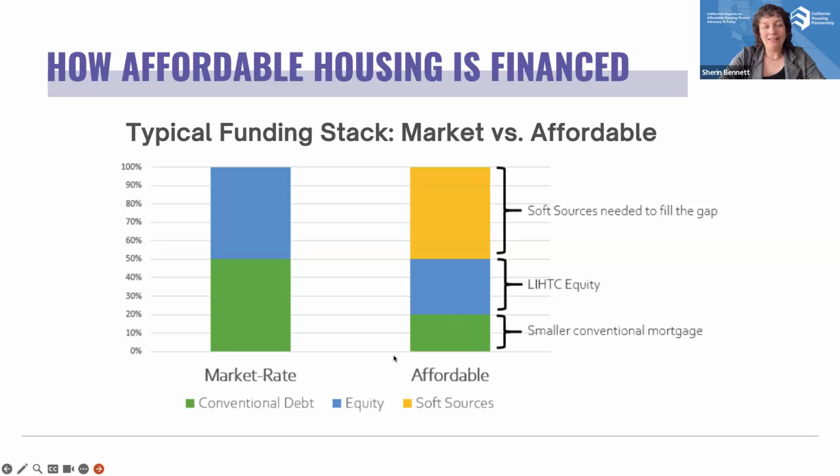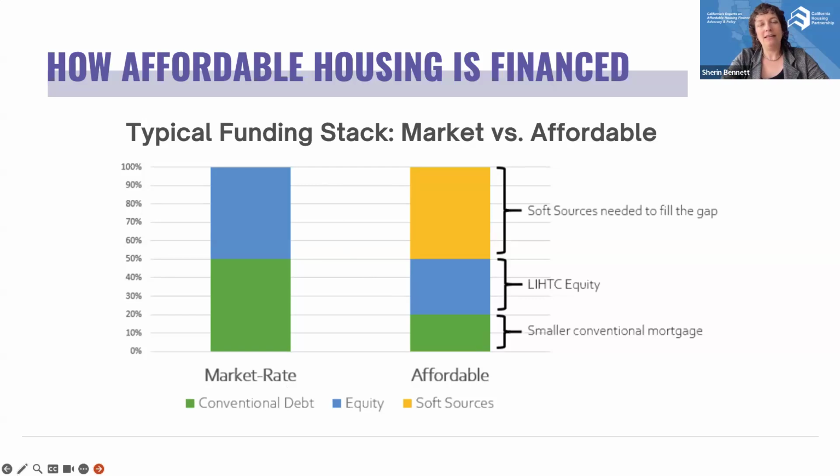On the affordable side, here we have that smaller conventional mortgage. We have a chunk of equity from the low-income housing tax credit program, which is a lot of what Paul and I and our partners work on here, and we'll talk a little bit about that in the next slide. And after that debt and equity piece, there's a big gap that you need soft sources, public sources, to fill.